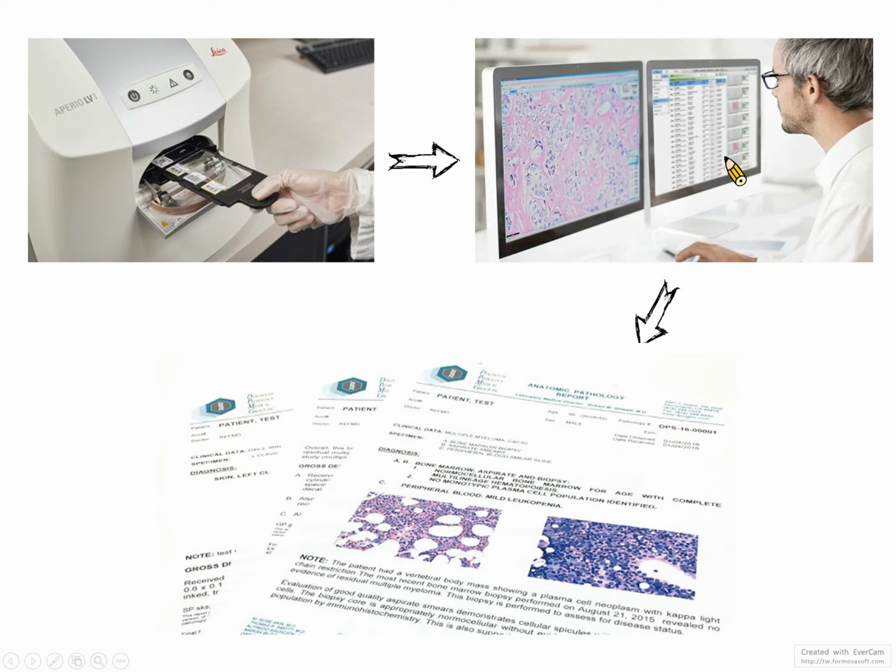Then you can just type a report based on the computer scan. So that is one of the revolutions, that maybe we can digitize everything, including the pathology slides. This is the core of digital pathology.